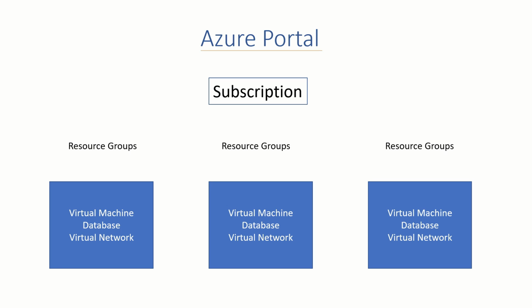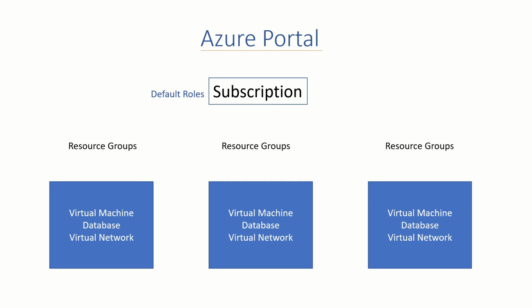Now, talking about RBAC, there are two types of roles which exist for Azure Portal, and the first one is default roles. What do I mean by default roles? Let's say owner, contributor, reader.